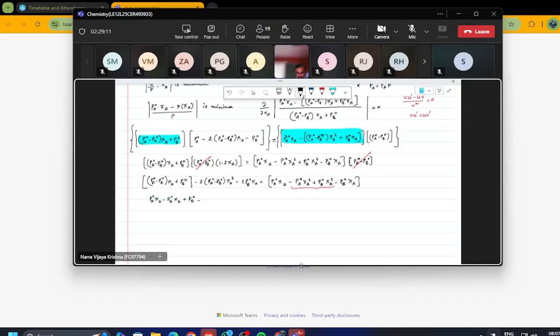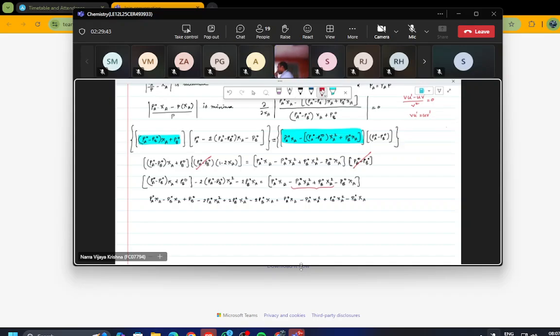Minus two times of PA naught into XA square plus 2 times of PB naught into XA square minus 2 PB naught into XA is equal to PA naught XA minus PA naught XA square plus PB naught XA square minus PB naught into XA. Is there anything gets cancelled on both sides?